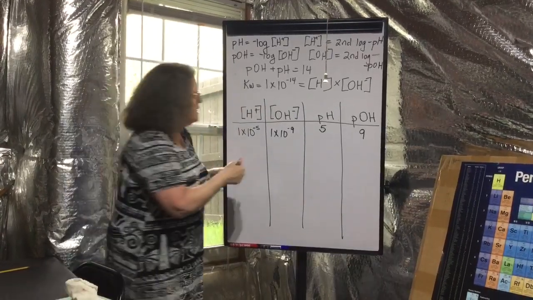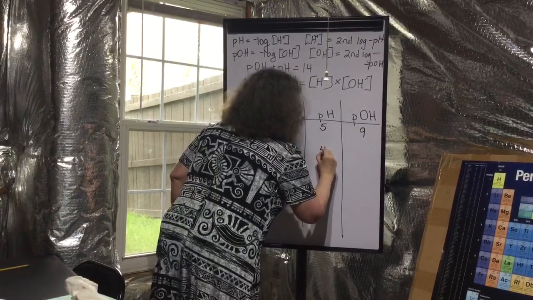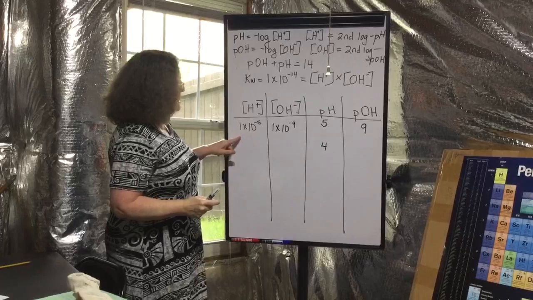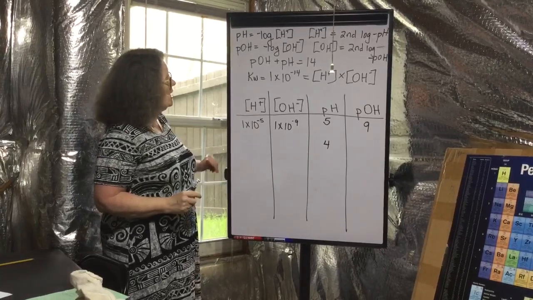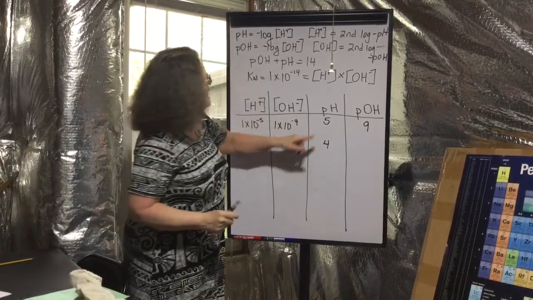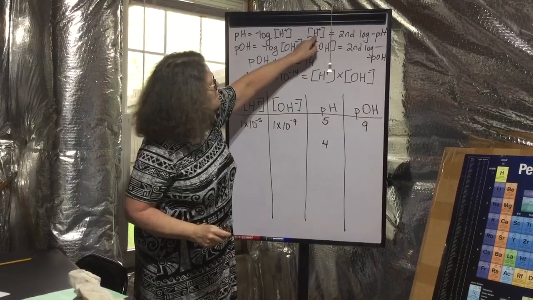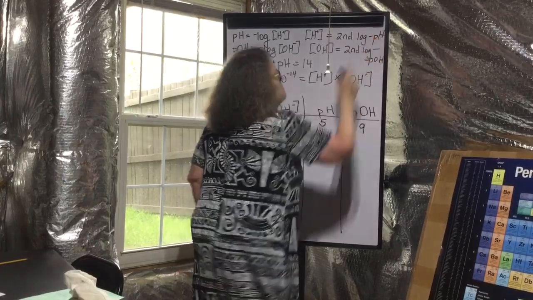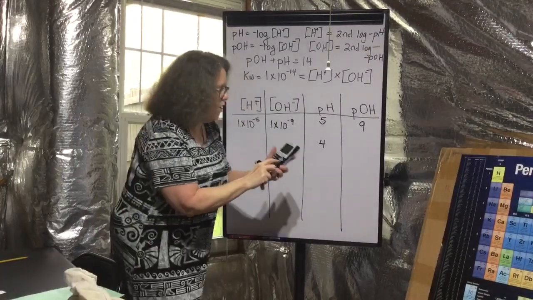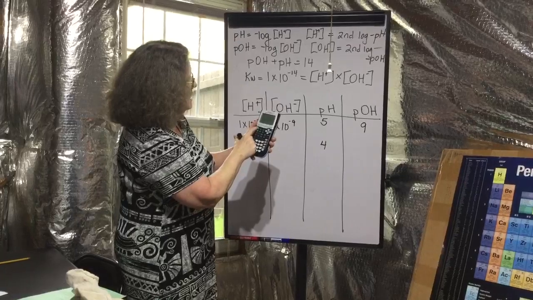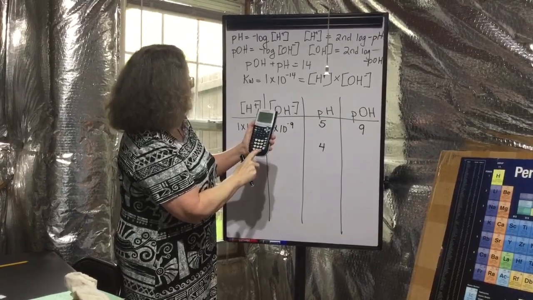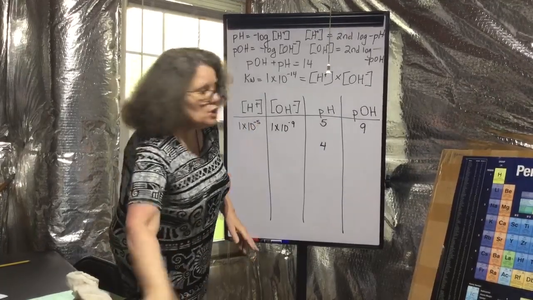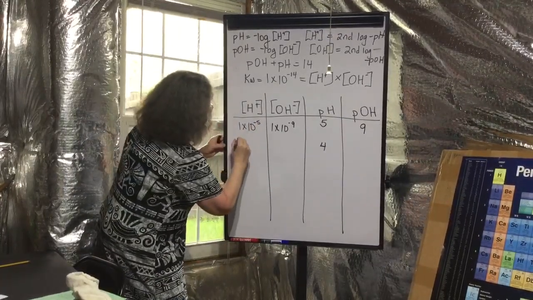Now what if you're given the pH? What if you're given a pH of 4? We can work backwards and get the hydrogen ion concentration. If we have pH and we want hydrogen, I take the second log of negative pH, or the inverse log function. So I do second log negative 4, enter, and my concentration is 1 times 10 to the negative 4th.